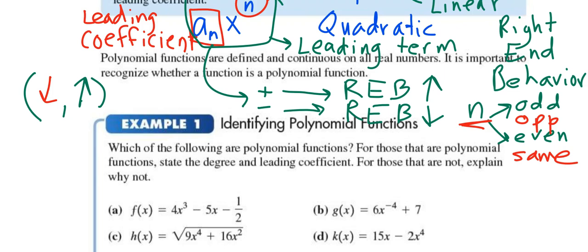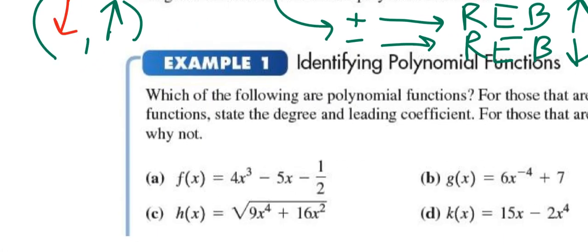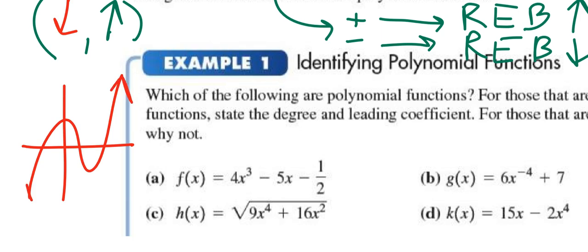Always look at the leading coefficient first. That determines whether the right end behavior is up or down. Okay? We'll get to an example here in a second. If we don't know what the right end behavior is referring to, remember on a graph, we would have all kinds of things like this, polynomials that we graphed last year.